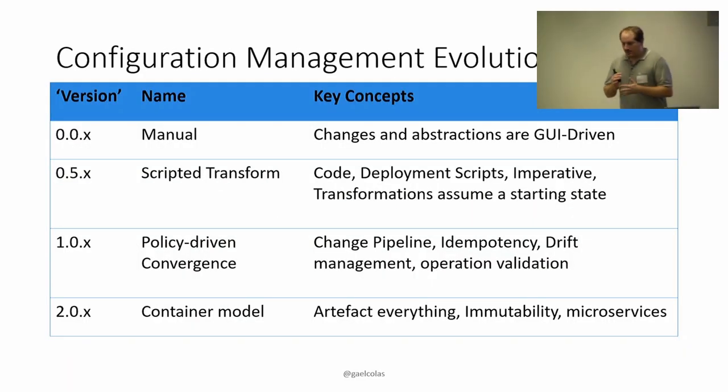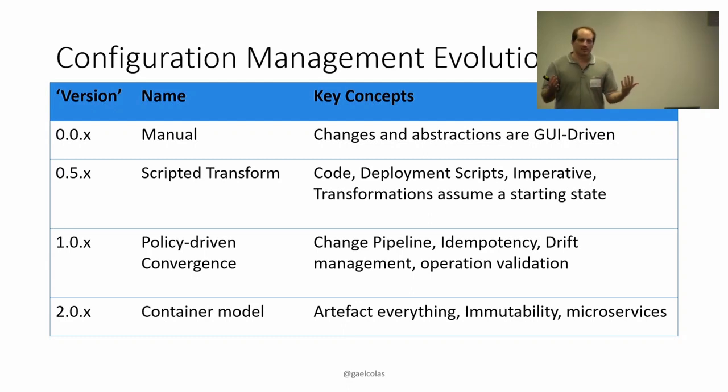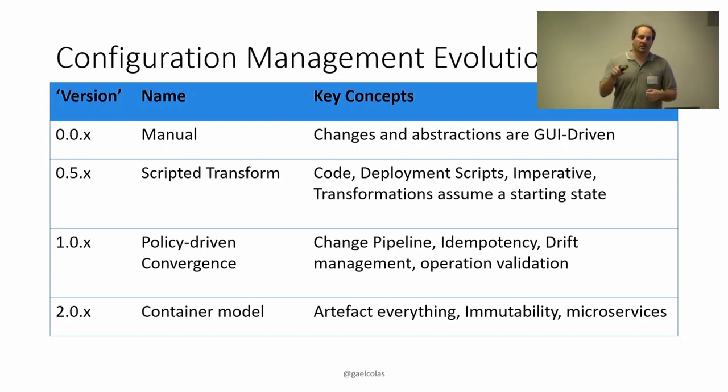So that's an element I wanted to explain to you: the principles behind configuration management. We've been doing configuration management forever. We just evolved quite recently into different practices. And that's a mental model that I use to explain to people the difference in the evolution. Initially we just used the GUI, point and click and making changes, especially in the Windows world.